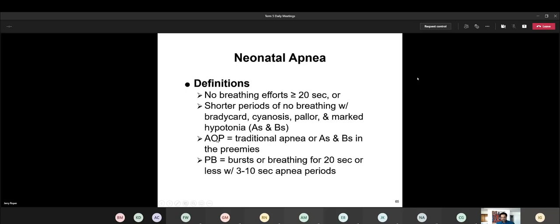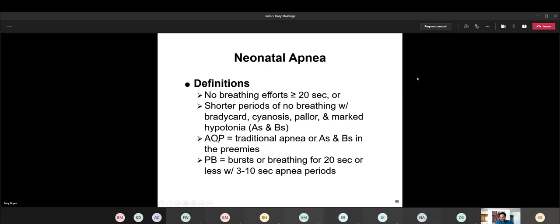So we don't necessarily wait for 20 seconds to say that this baby has developed apnea. We're saying shorter periods of no breathing. And as soon as they stop breathing, their heart rate literally drops. It plummets. Those are our classic A's and B's that we're always looking to address.